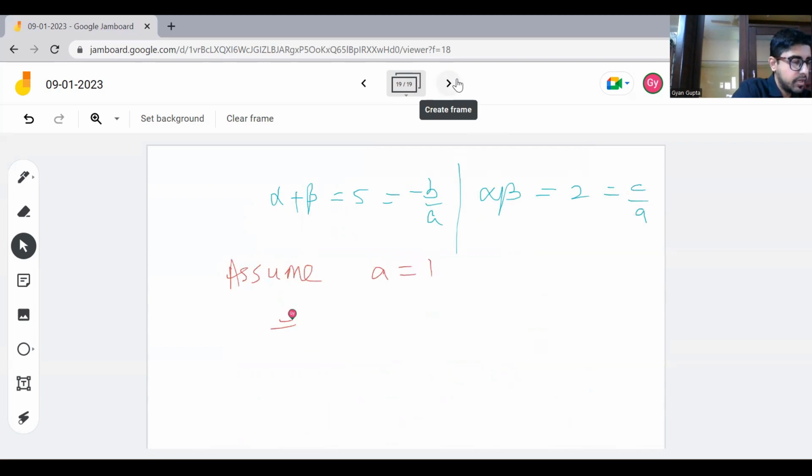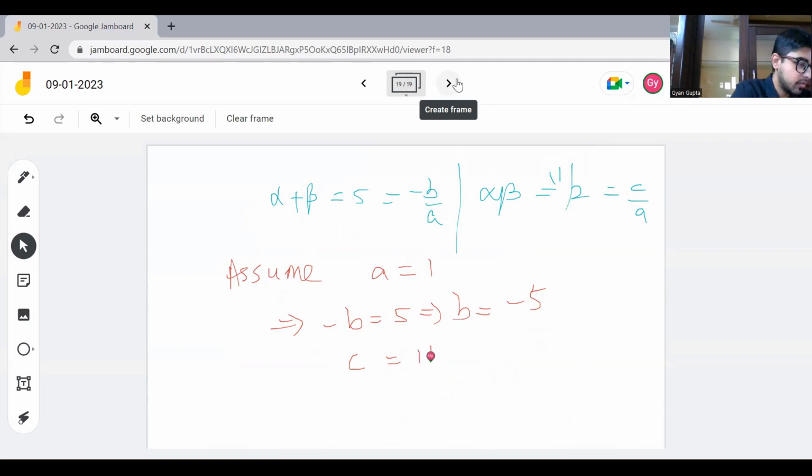That will give me minus b is equal to 5 or b is equal to minus 5, and c is equal to alpha beta, which is 11 by 2.